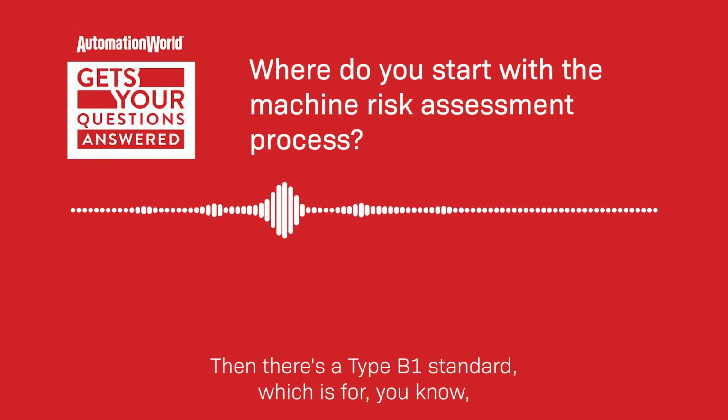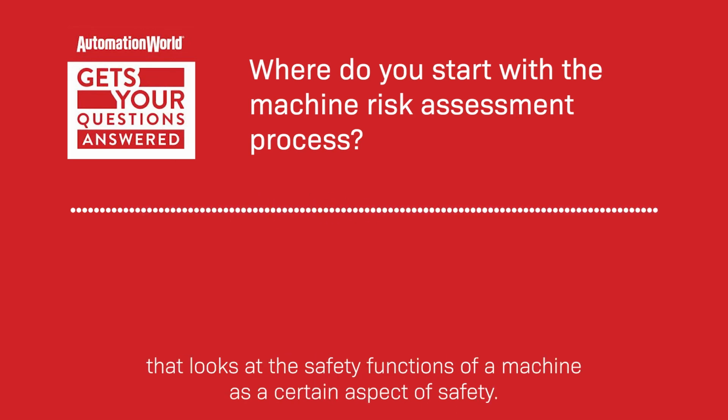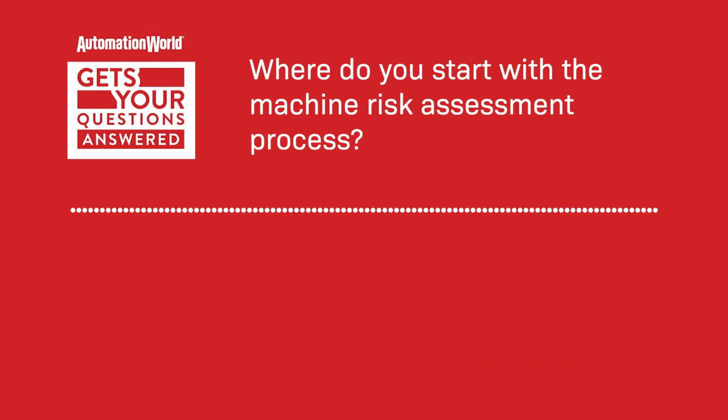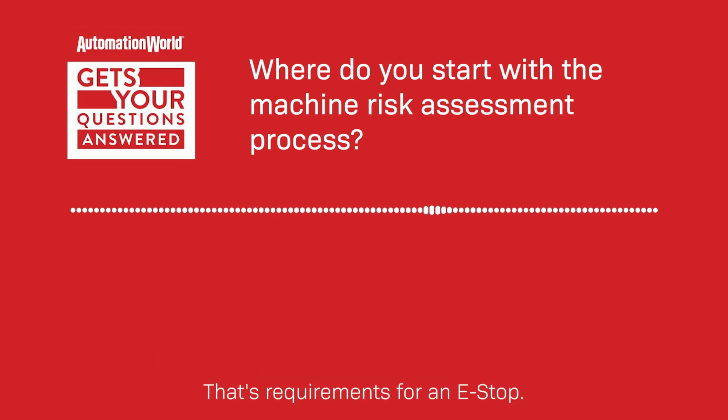Then there's a Type B1 standard, which is for certain aspects of safety, such as ISO 13849, for example, that looks at the safety functions of the machine. That's a certain aspect of safety. Then there's also a B2 standard, which looks at the requirements for a safety device, such as ISO 13850. That's the requirement for an e-stop.